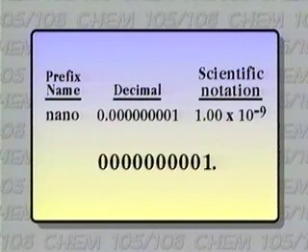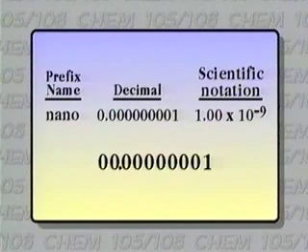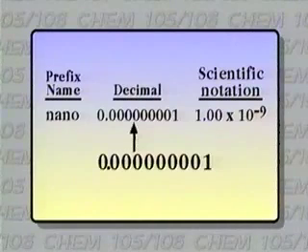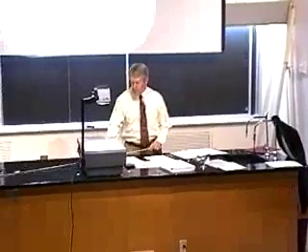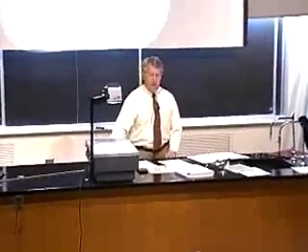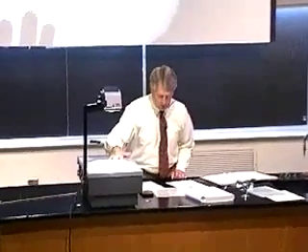If we go right here and put the decimal here, we're going 1, 2, 3, 4, 5, 6, 7, 8, 9 places back to the left to give us back the original number. And as I say, we do use scientific notation quite extensively in writing numbers in chemistry, so you do need to become familiar with those.